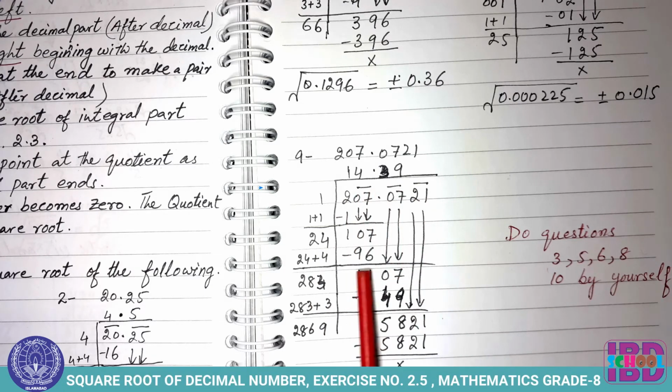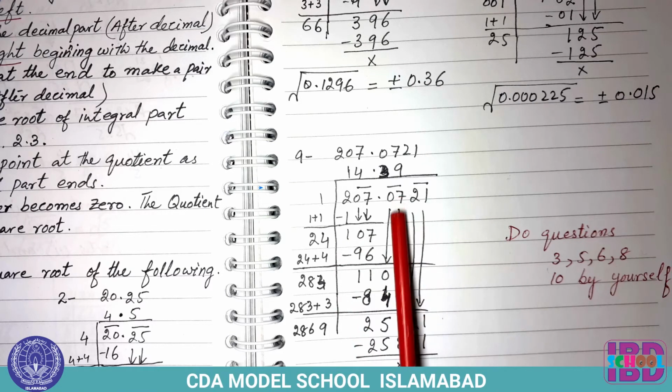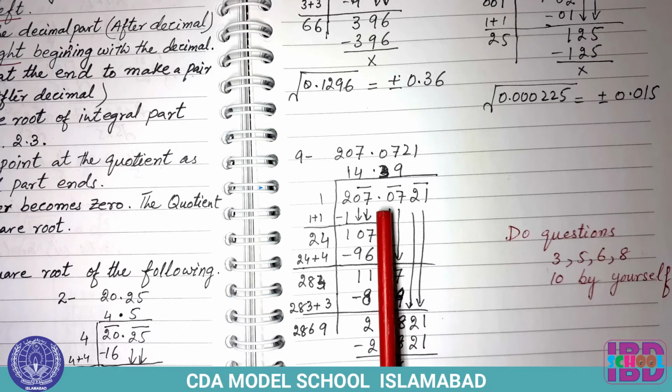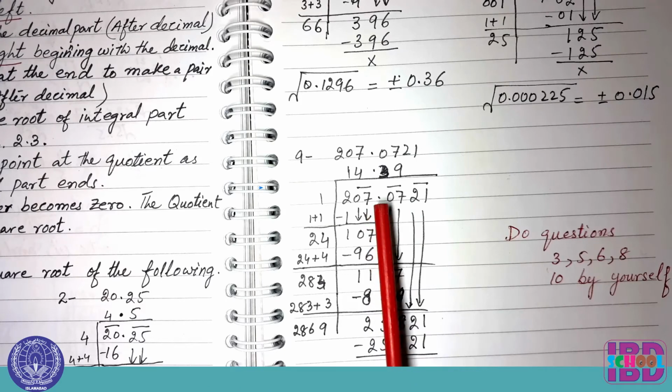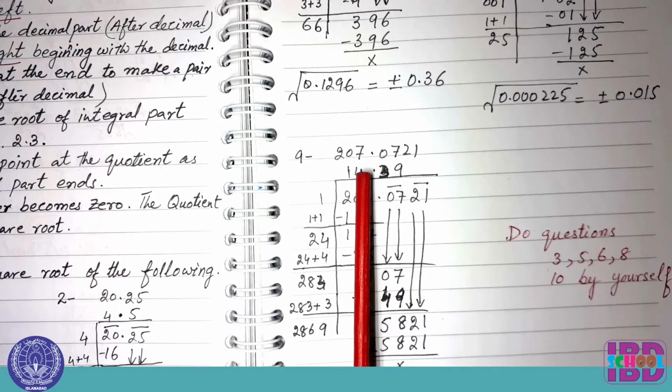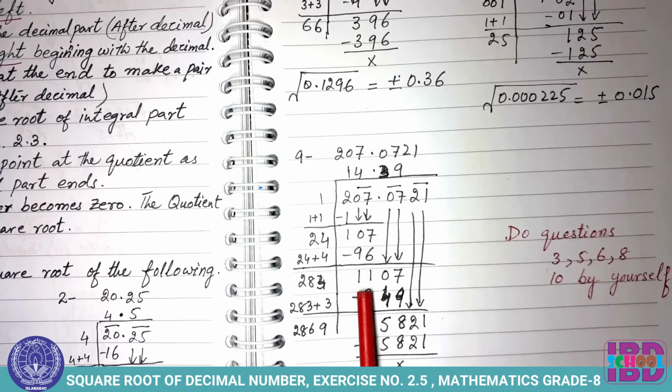When we subtract, we get 11, and now we have to note down the first pair after the decimal. So we shift the decimal point in the quotient here. The dividend becomes 1107.